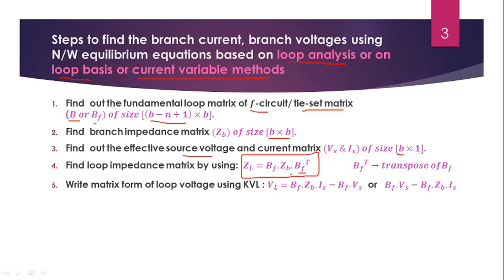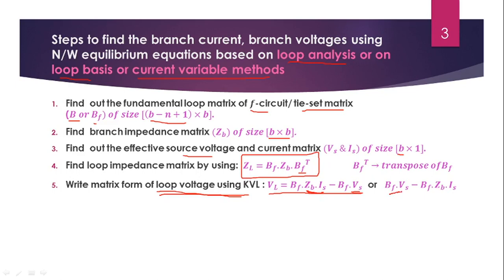Once we get the loop impedance matrix, after that we have to write the matrix form of loop voltages using KVL, and for that we have this equation: VL equals the tie set matrix into impedance matrix into current matrix, that is ZB into Is, minus BF into Vs. So voltage minus voltage, that is our KVL.